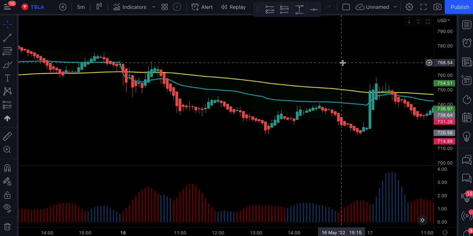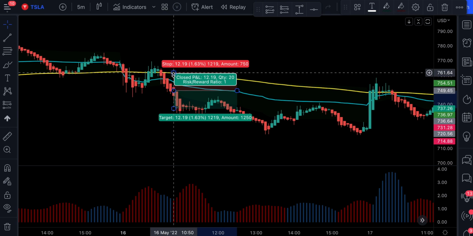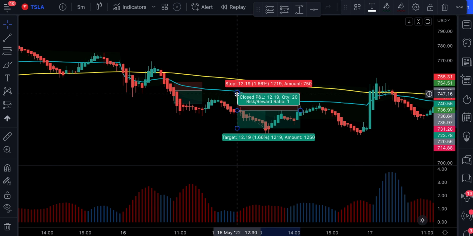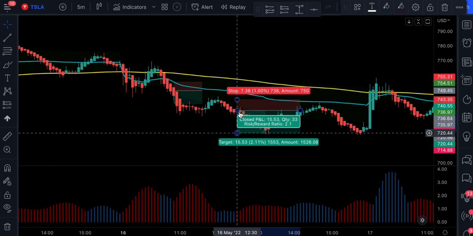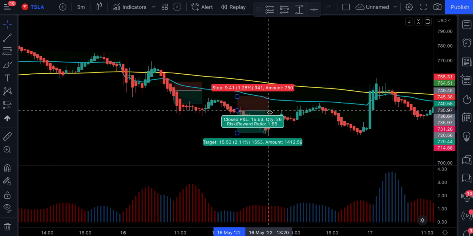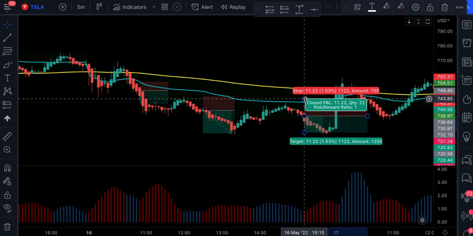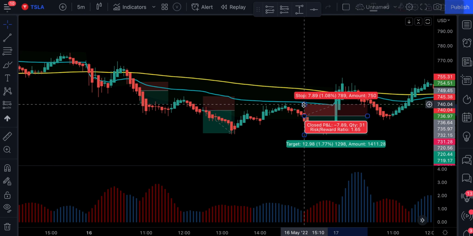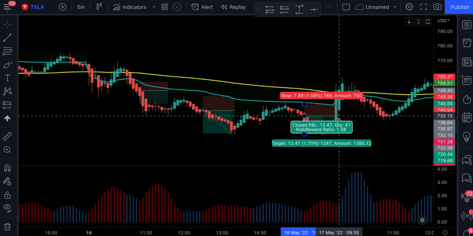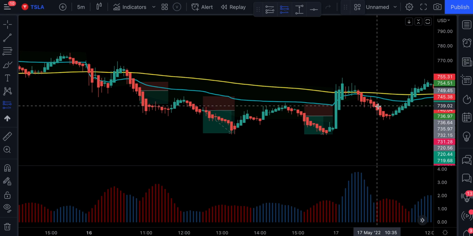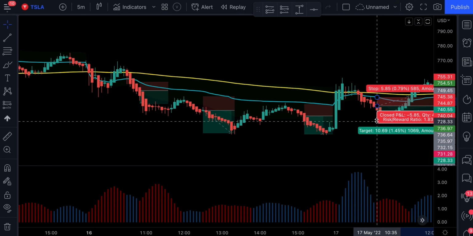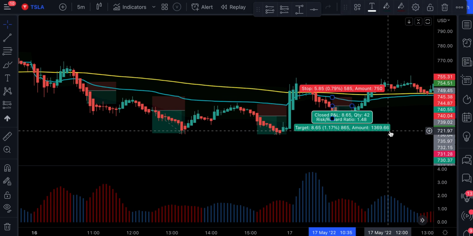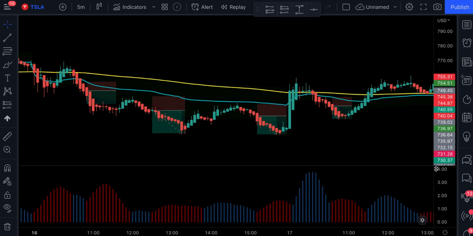For example, let's use 1 to 1.5. I think this method works even better as you get in more winning trades.